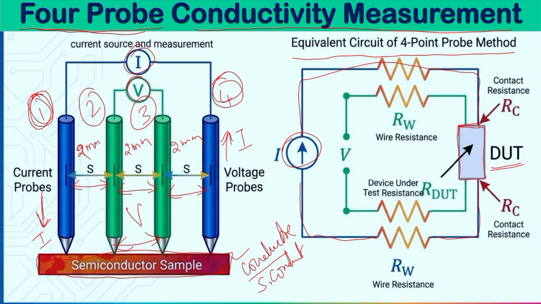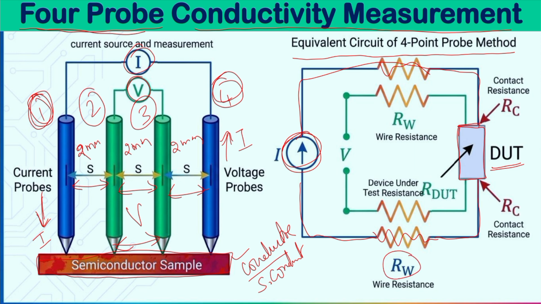This wire will have some resistance, so that is called our wire resistance, RW.